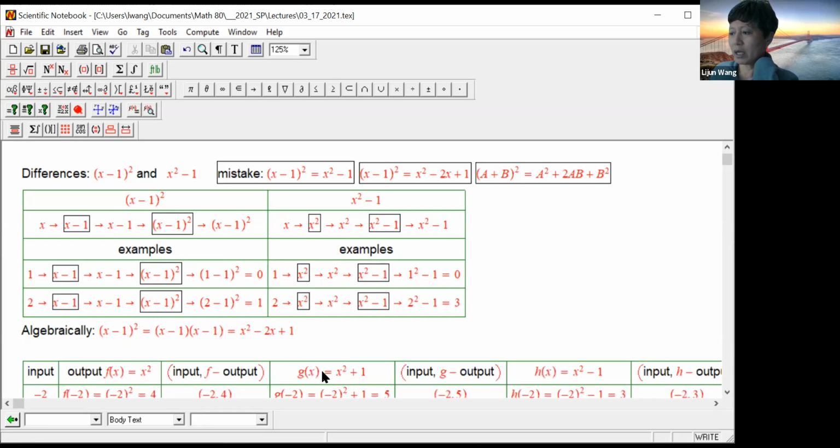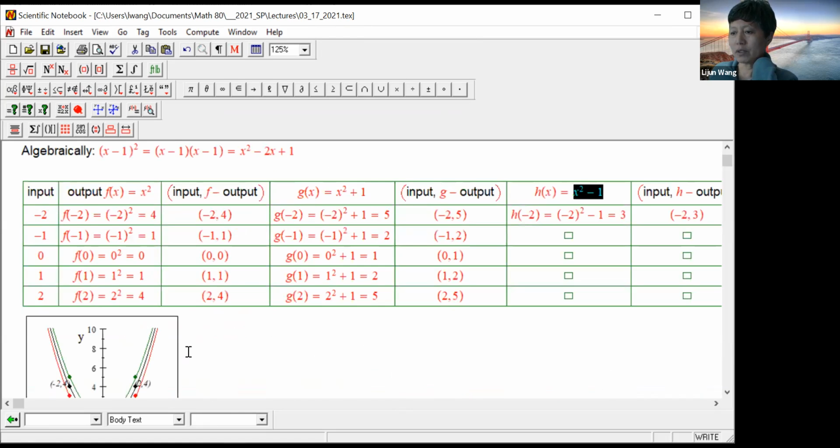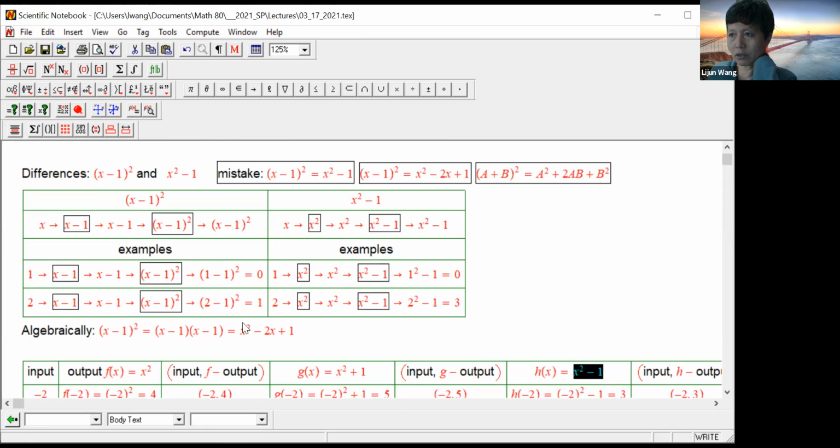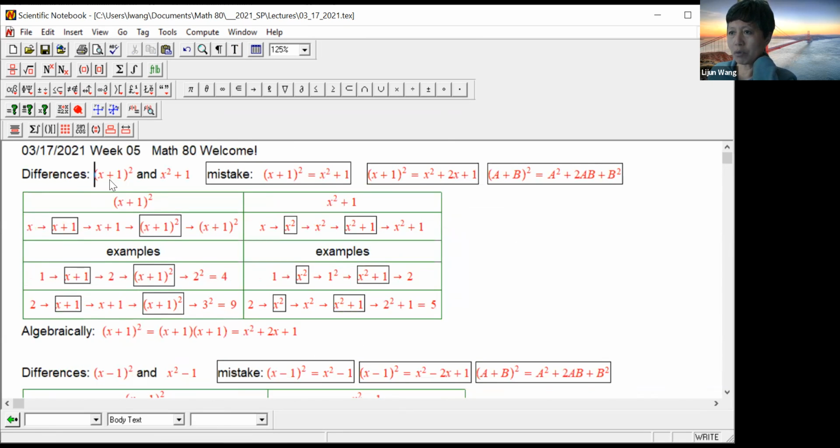Okay, we have done x squared plus 1, and we have done x squared minus 1, and we saw the pictures. So let's look at how we would graph these two.